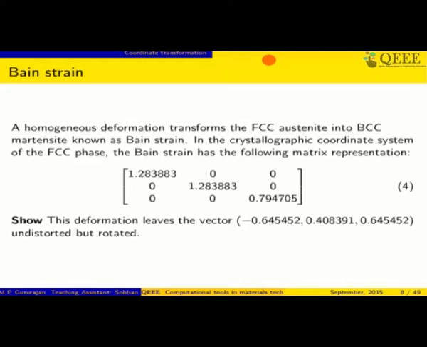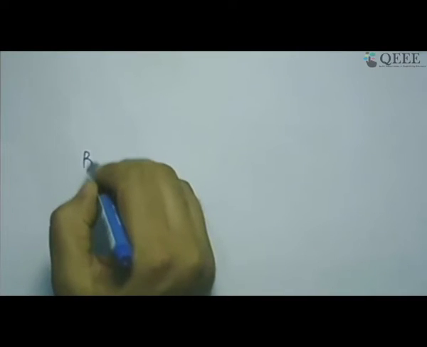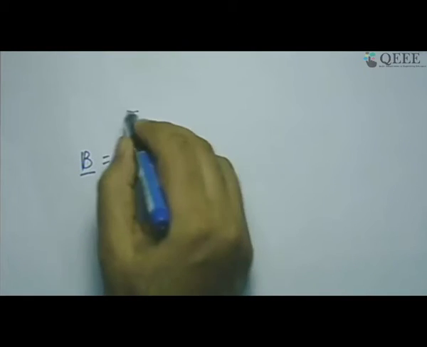So I'm going to write the matrix in the slides here. Okay. So the Bain strain, let's call it B. The B matrix has the following representation.